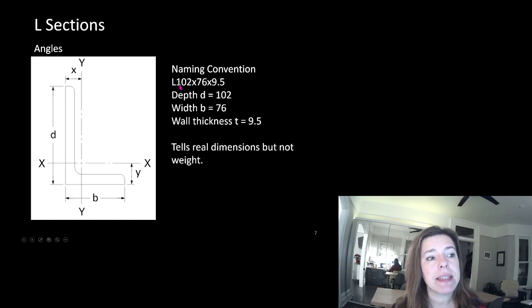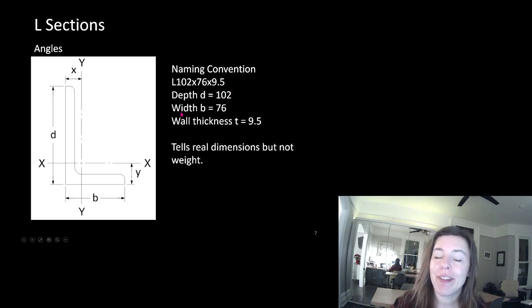But look, if I had a 102 by 76 by 9.5, and I was comparing it to a 102 by 102 by 9.5, which one's going to weigh more? The one that's bigger. All of a sudden, these ones become a little bit easier to visualize which one's going to weigh more. So it's not embedded in the name, but we could usually tell which member is going to be heavier.